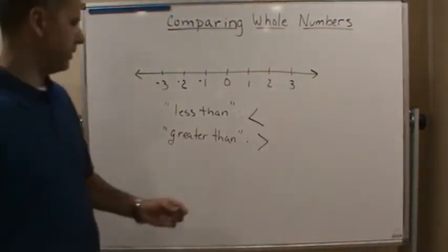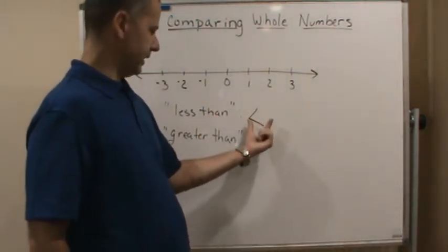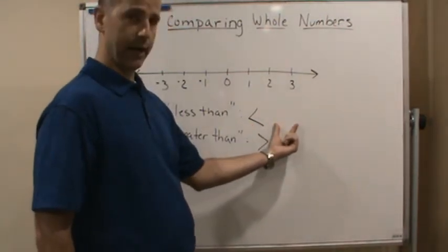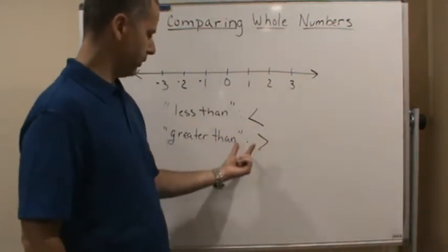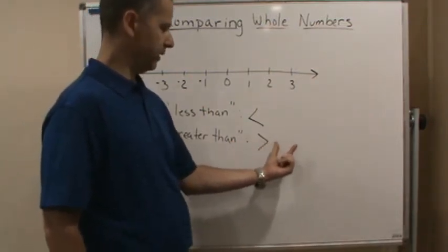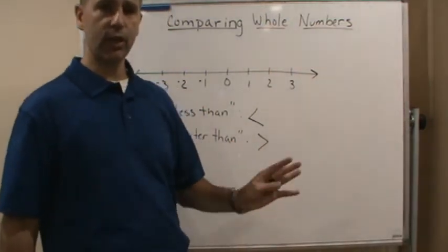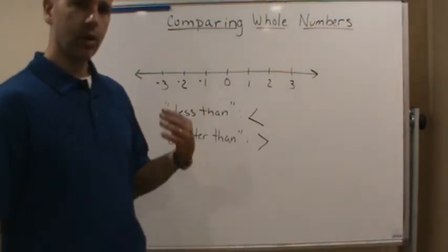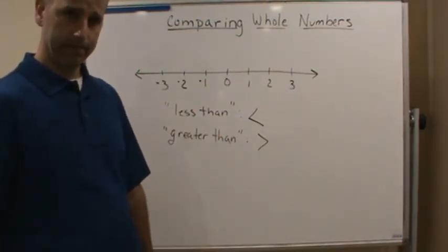Whatever number is on the left is less than the number on the right. Or if you use greater than, what this is saying is that whatever number is on the left is greater than the number on the right. So we can use either one of those inequalities to make a comparison.